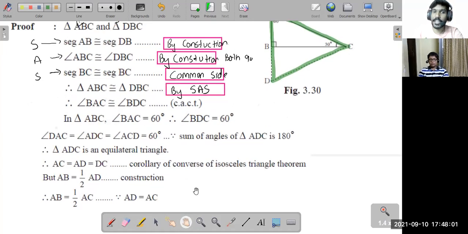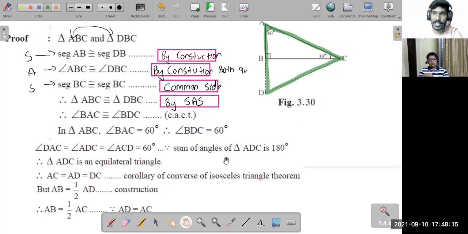Now, when all of the angles are 60 degree, what type of triangle does it become? Equilateral. In an equilateral triangle, all three angles are 60 degree. Keep this in mind.